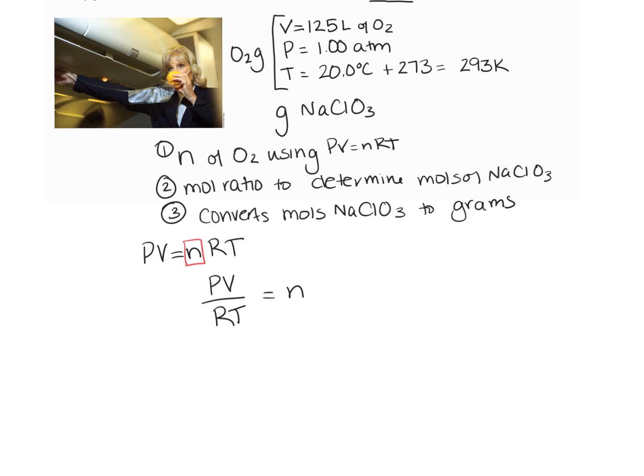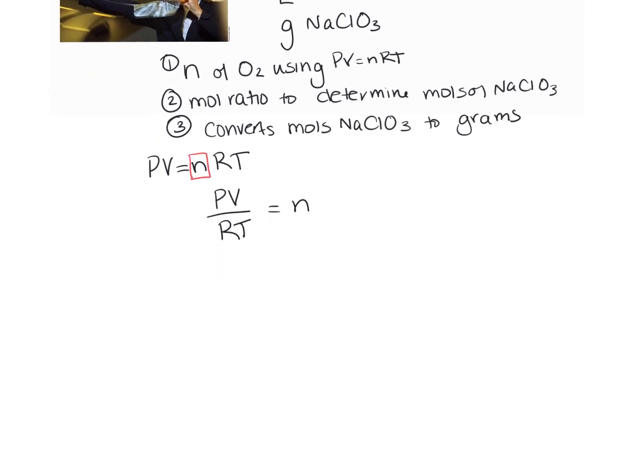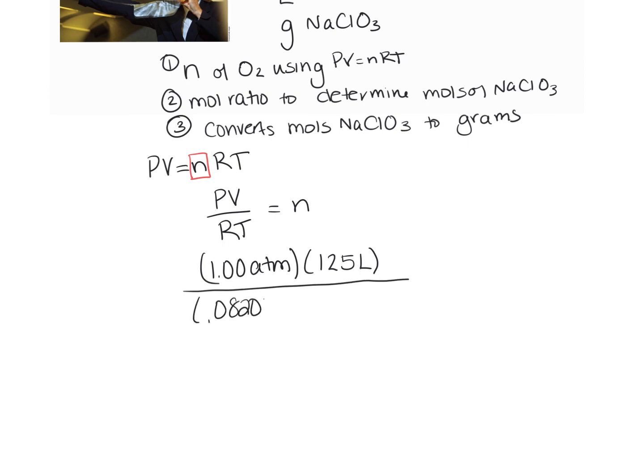And so what we're going to do then is say, great, my pressure is 1 atm times the volume, which is 125 liters, over R, which will be given to you, it's 0.08206 liters times atm over moles times Kelvin, times 293 Kelvin.